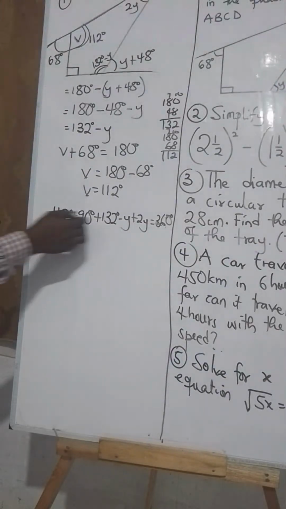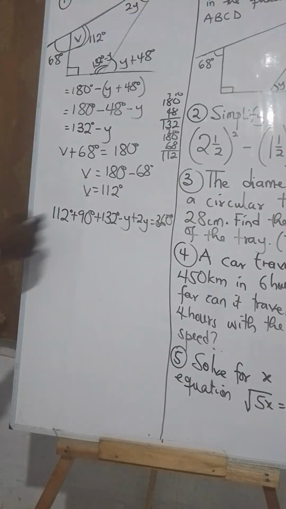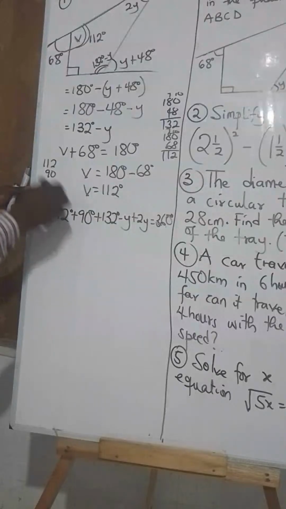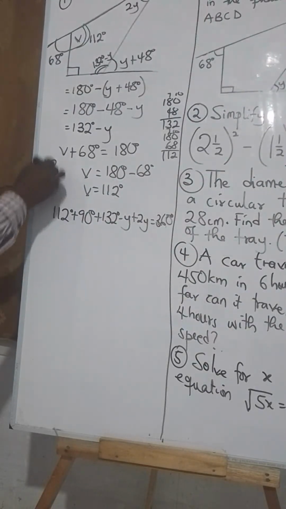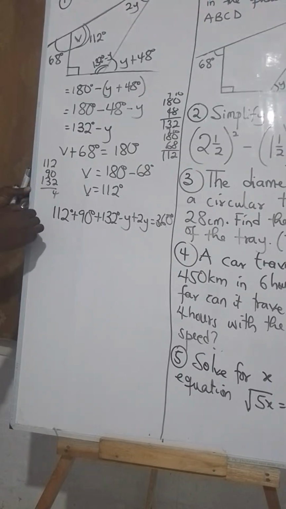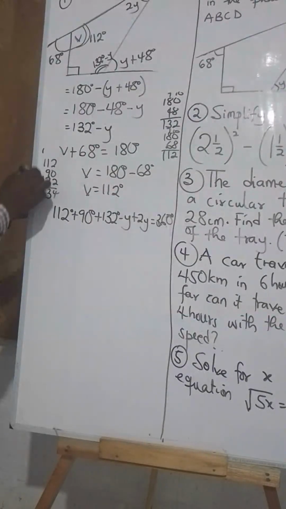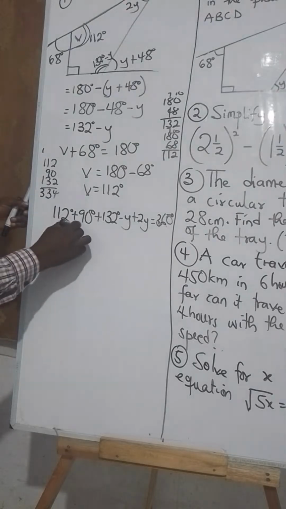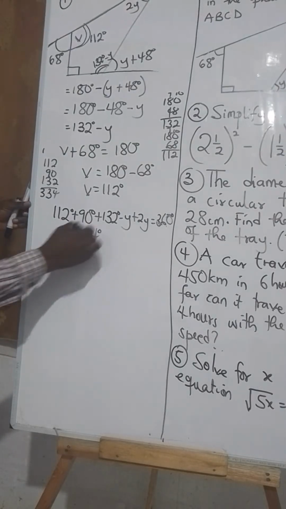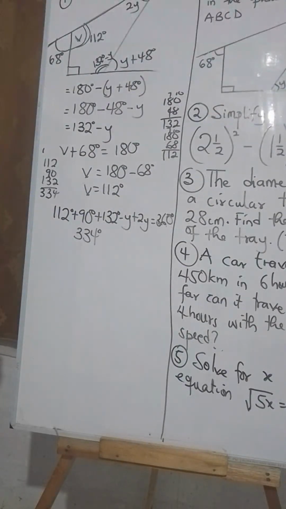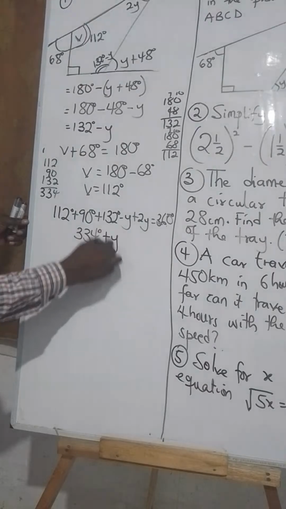So we add the values: 112, 90, and 132 give 334 degrees. Then negative y plus 2y gives positive y, so plus y.